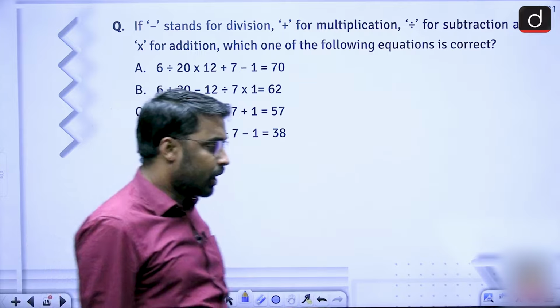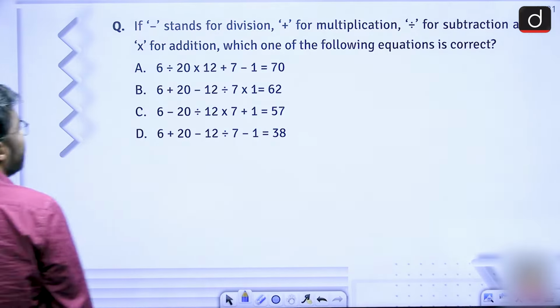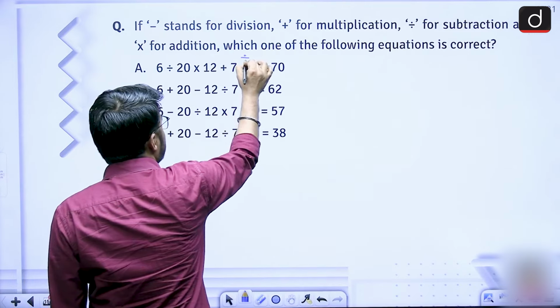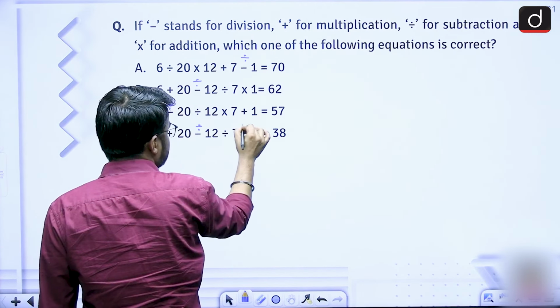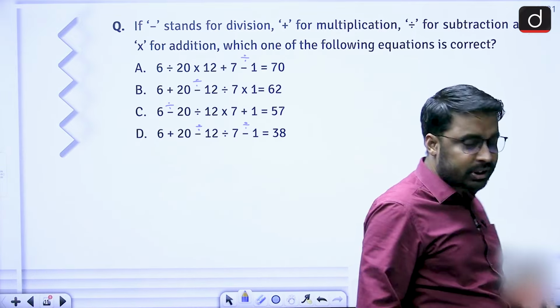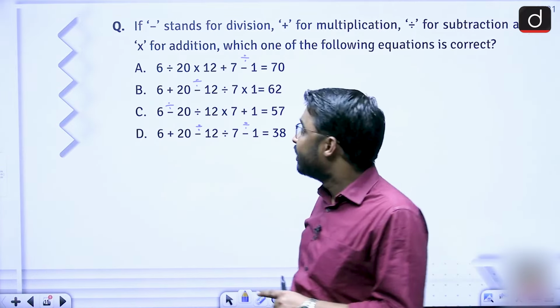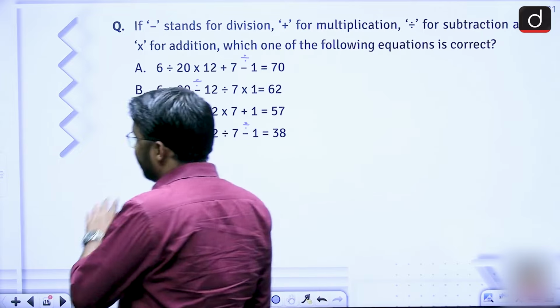Now try the logic. See, minus stands for divide, so wherever we have a minus sign, we will replace it with divide. Right. And now on the right side of equal to, since all the equations contain integers, this clearly tells me that the division should be complete.